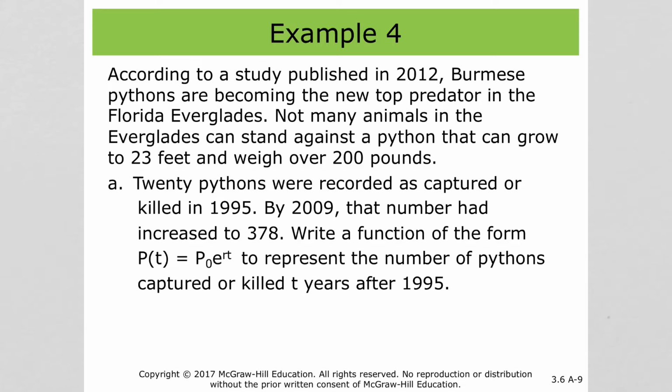By 2009, that number had increased to 378 pythons. Write a function of the form P equals P naught times e to the rt to represent the number of pythons captured or killed t years after 1995.